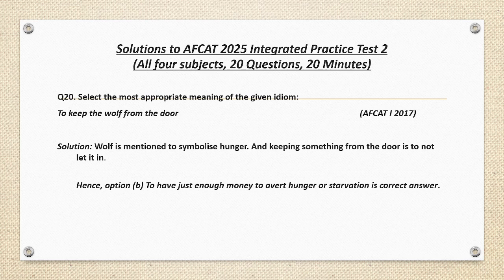And keeping something from the door means keeping it away, letting it not in, preventing it from coming in. So it means to have just enough money to prevent hunger or starvation. That is the correct answer.